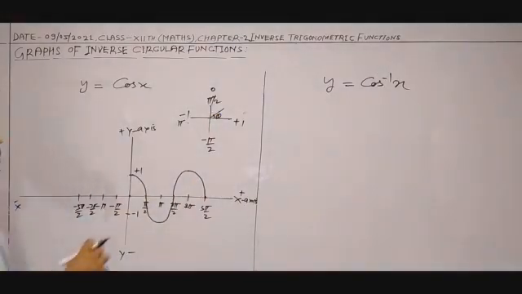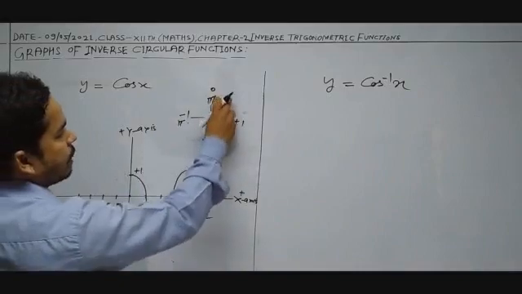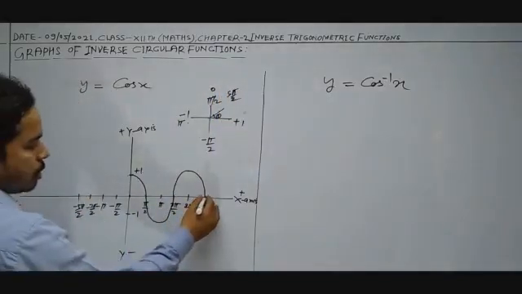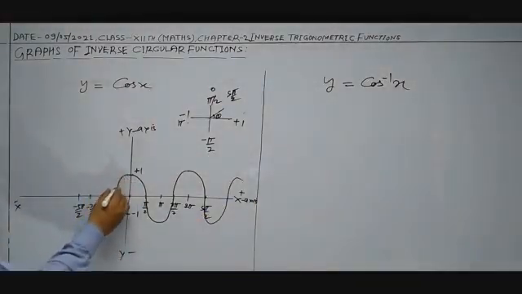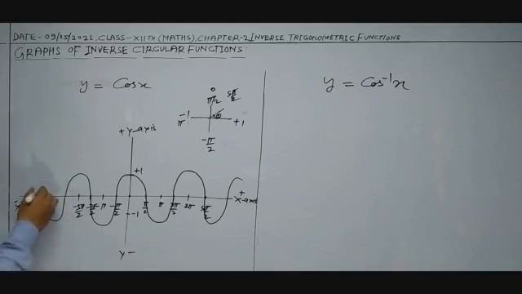So this is the value, pi by 2, 2 pi by 2, 3 pi by 2, 4 pi by 2, 5 pi by 2. So result is 0. So figure will be symmetrical figure. So this is the graph of cos x.